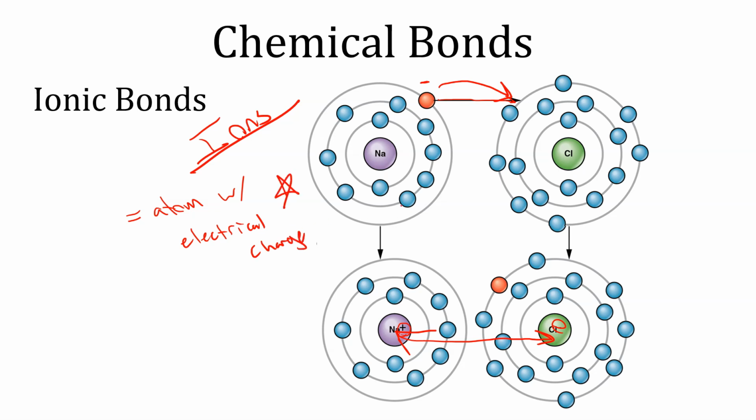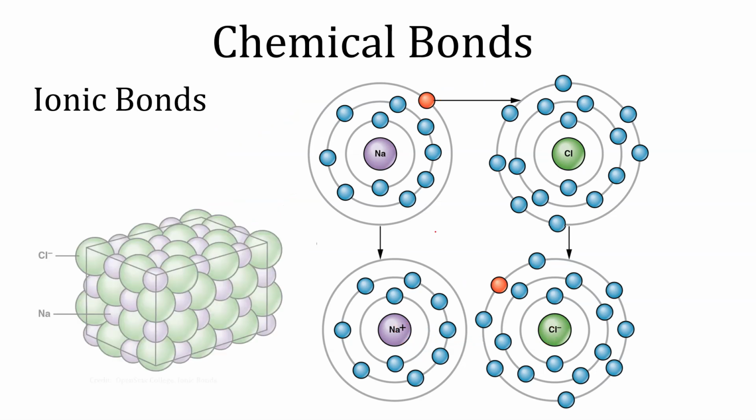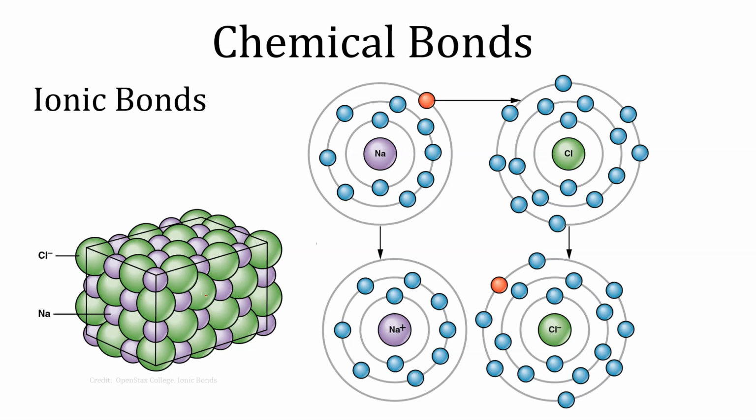Okay? So when sodium loses its electron and gets a positive charge, it's now called an ion of sodium, a sodium ion. And when chlorine takes that negative charge and develops a negative charge, it also becomes an ion. The two ions bind together. And what they'll do is, all sorts of electrons from sodium atoms will be given to chlorine atoms, and eventually they start to form this crystalline structure of atoms bonded together.